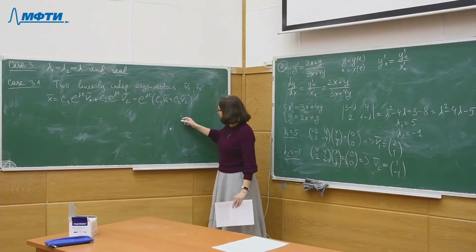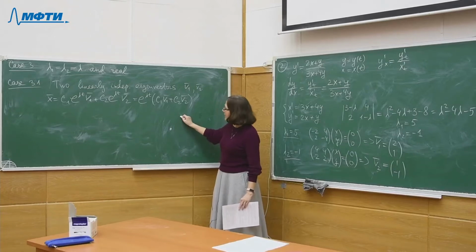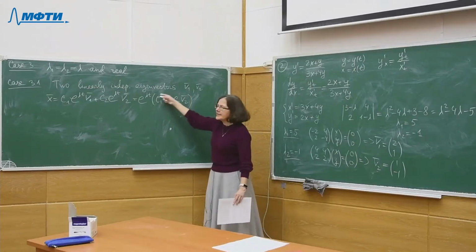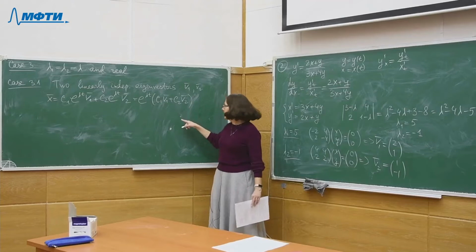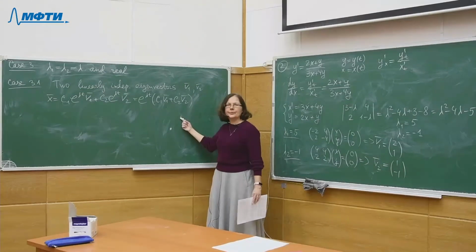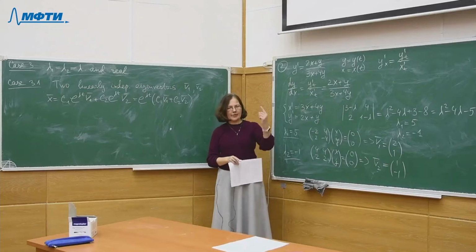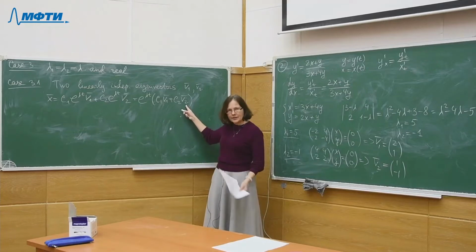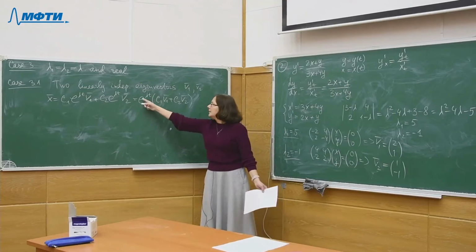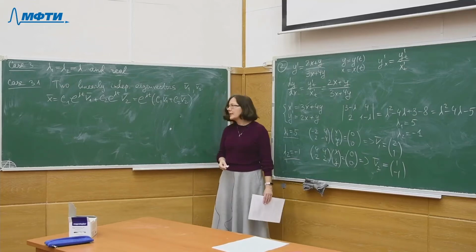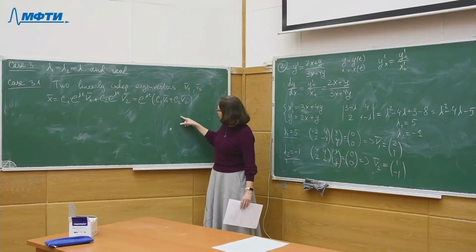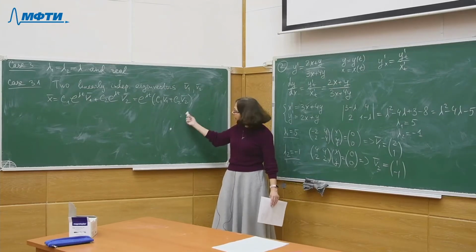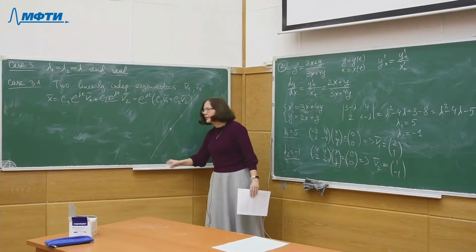So C1 and C2 are fixed, and so this vector is fixed by the starting point. If we have a starting point, then we fix C1 and C2. So this vector is fixed, and it is multiplied by some coefficient. And so we will move along the line through the origin and this given point. We will remain on the line through this point and the origin.